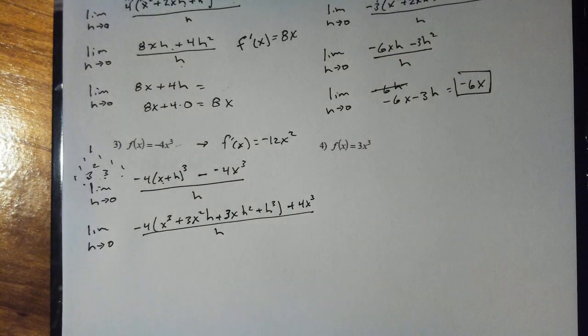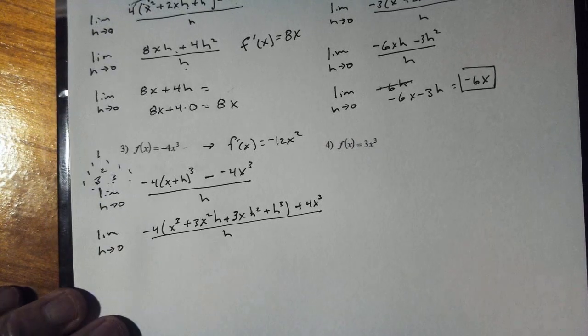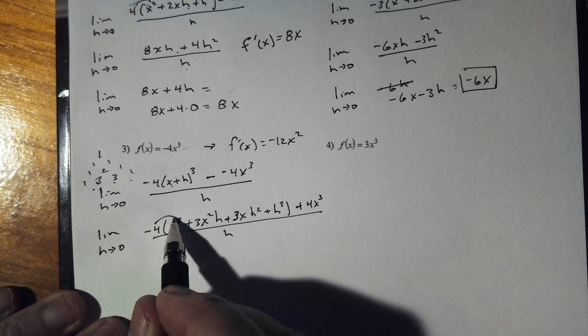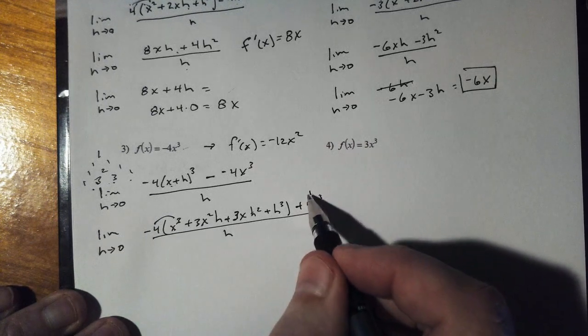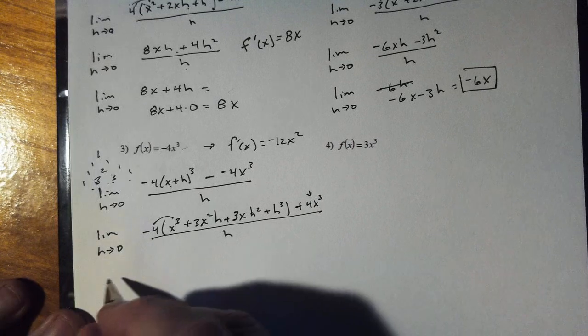I don't know why I'm doing so much writing uphill here. Guess we'll live with it. When I distribute this, here's the magic. -4x cubed plus 4x cubed. If we don't get that canceled, we've done something wrong.